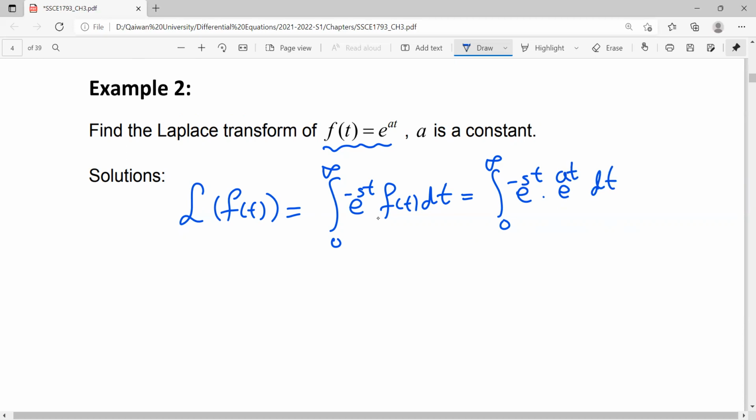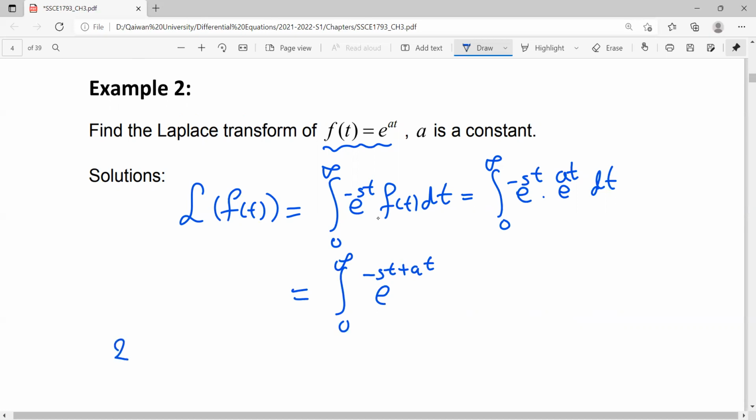We now have e to the power minus st and e to the power at. Both have the same base, so you can add their exponents. It equals the integration from 0 to infinity of e to the power minus st plus at. Can you say that?